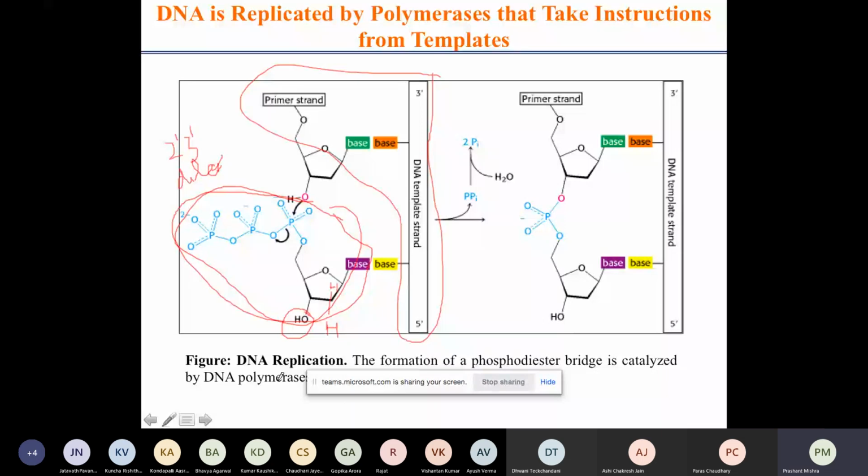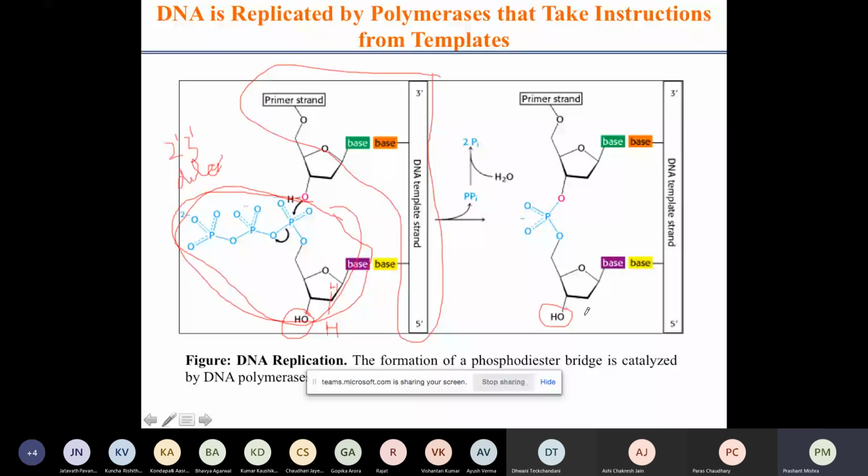Now tell me what will happen. Any one of you? What will happen if I take a dideoxy in this reaction mixture? Think of it. So it will terminate the strand. Yes, it should terminate this strand. Why? Because suppose up to here the synthesis occurred.